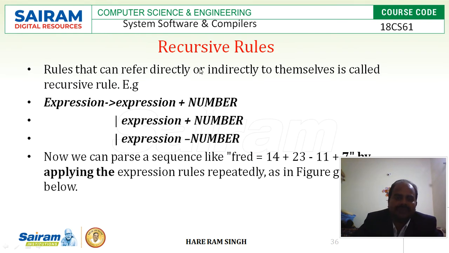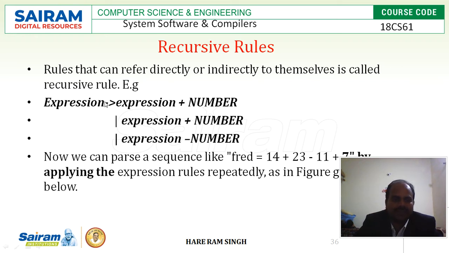Next is recursive rule. What is a recursive rule? Recursive means if a function calls itself, that is called a recursive function. Similarly, here rules that can refer directly or indirectly to themselves are called recursive rules. So a rule, if it refers to itself directly or indirectly, is called a recursive rule.